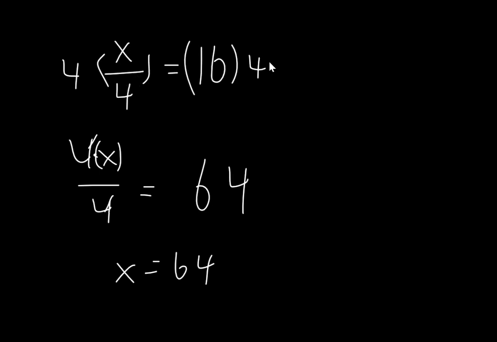Notice that I multiplied by 4 on both sides. If you want to make sure that the equation is still true, you need to do the same thing to both sides.